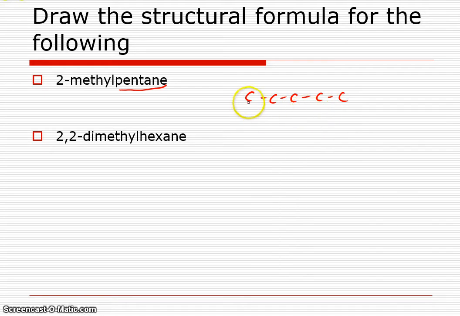It just makes sense to number it from here. So this would be 1, this would be 2, and a methyl group is 1 carbon. So I'm going to stick my carbon here, although it wouldn't matter if I stuck it down below. And now I'm going to go ahead and make all of my carbons saturated with their hydrogens.